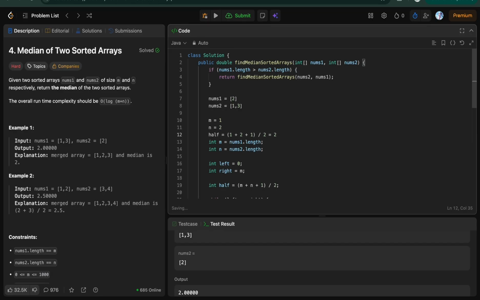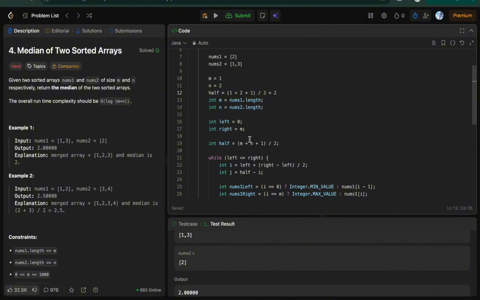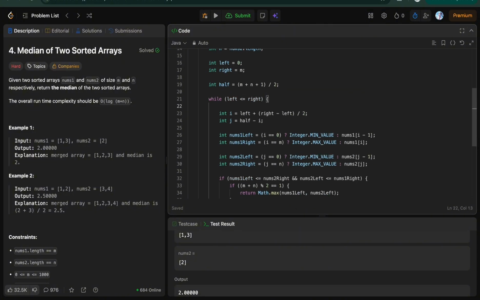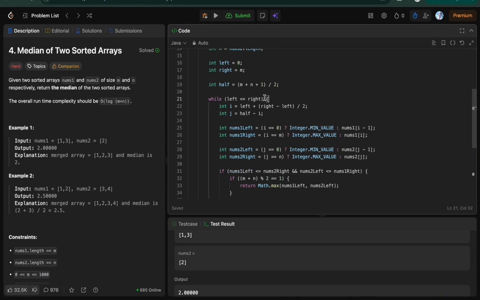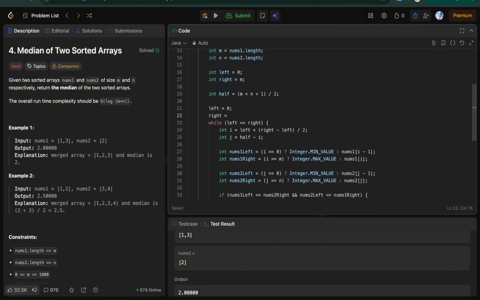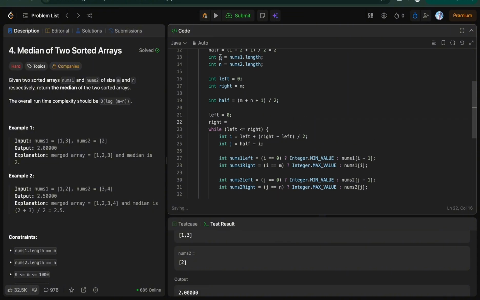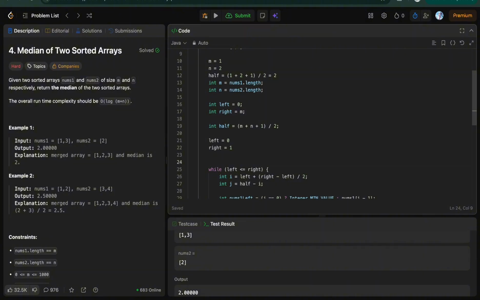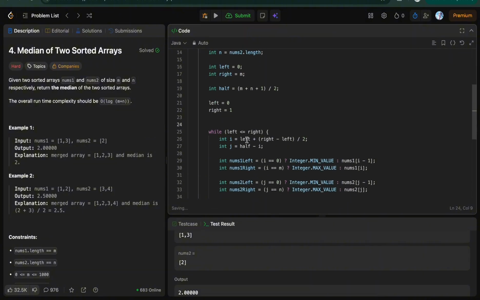Now we're going to do our first binary search attempt. Let's do it out here. Our left is going to be 0, and our right is going to be m. m is 1 right here. Our i is going to be left plus (right minus left) divided by 2.